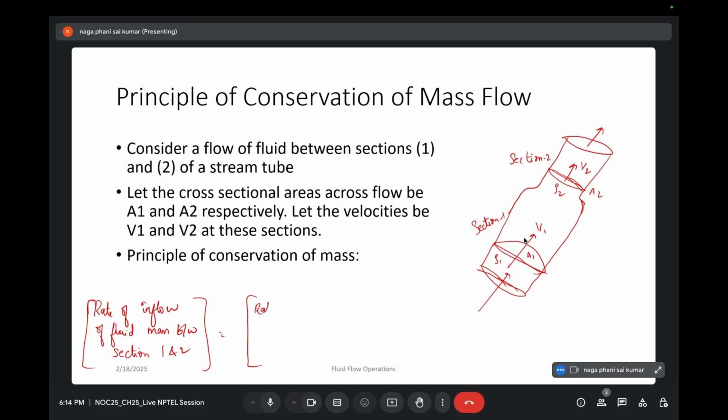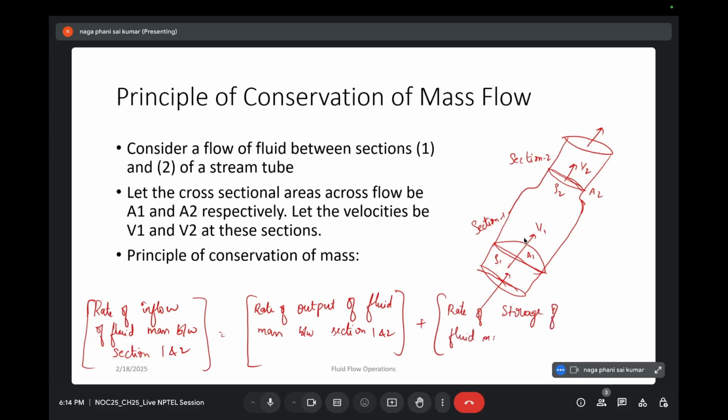It will be equal to the rate of output of fluid mass between section 1 and 2, plus the rate of storage of fluid mass within sections 1 and 2.